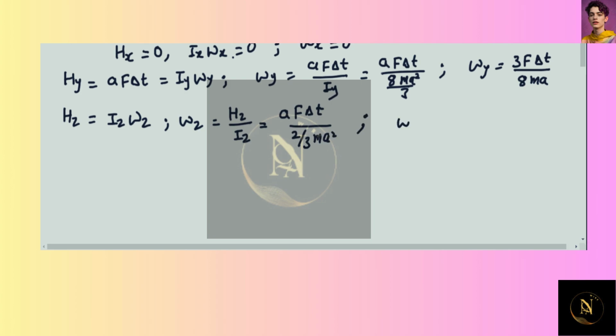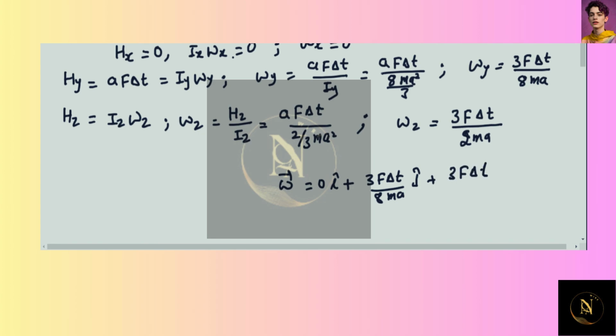So from here angular velocity along z direction is 3F delta t divided by 2 ma. So we can write angular velocity as 0 i cap plus 3F delta t upon 8 ma j cap plus 3F delta t upon 2 ma k cap.